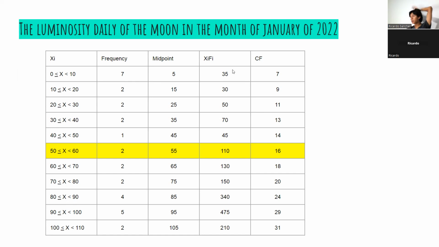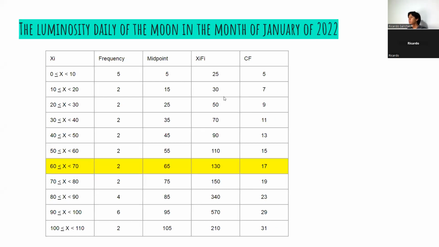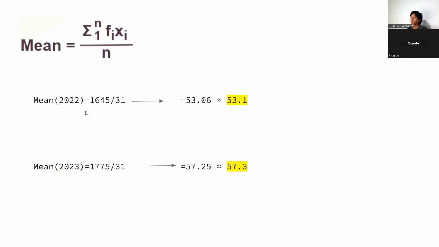And then we add all of these values, and the addition of all these values gave me 1,645, and we need to divide it by the number.